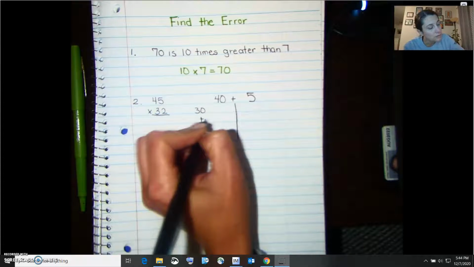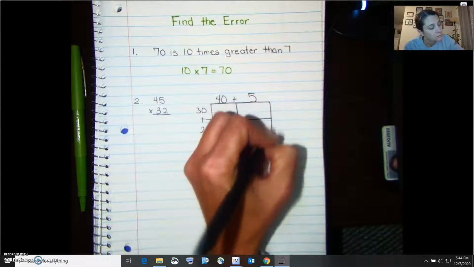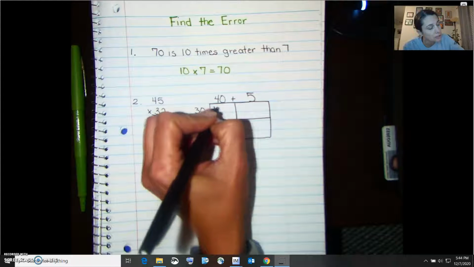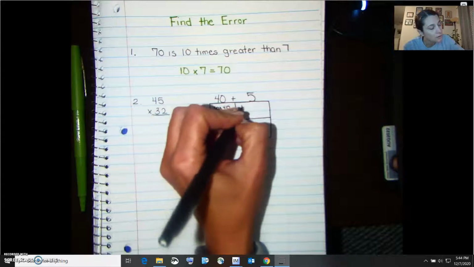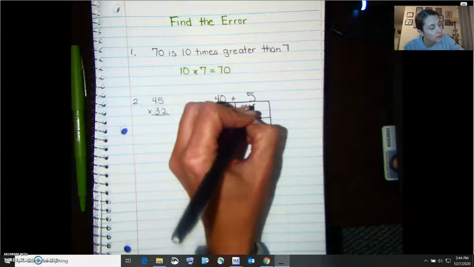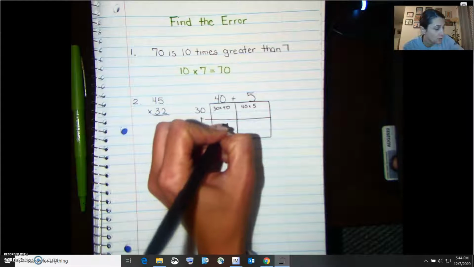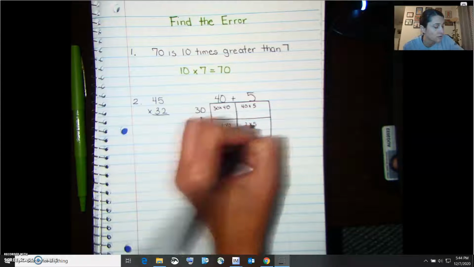Draw my lines where my pluses are. I'm going to do 30 times 40. I'm going to do 40 times my 5. I'm going to do 2 times my 40. And I'm going to do 2 times my 5.